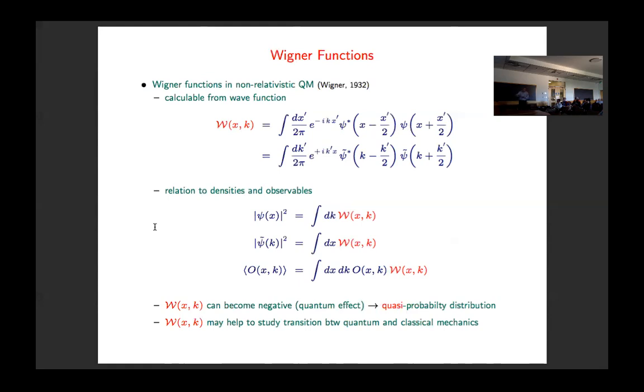And I think the key equation, why people got so interested in this object even in non-relativistic quantum mechanics, is that if you want to calculate an observable, you do it with a formula which looks exactly like the one you would use for a classical phase-space distribution. You take the phase-space distribution, multiply by your observable, which here is not an operator but really just a number, and integrate over the entire phase space.